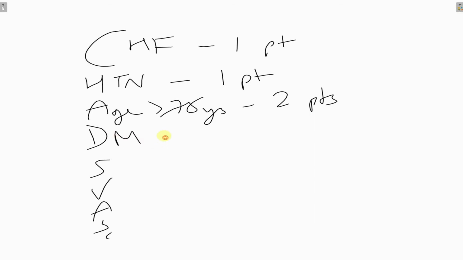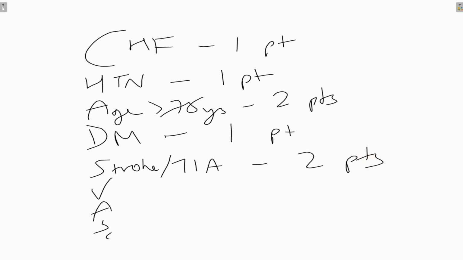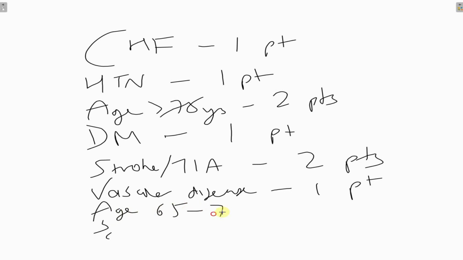Diabetes mellitus counts for 1 point. A previous stroke or TIA will conform to 2 points. Vascular disease is going to conform to 1 point. Age 65 to 74 years conforms to 1 point.